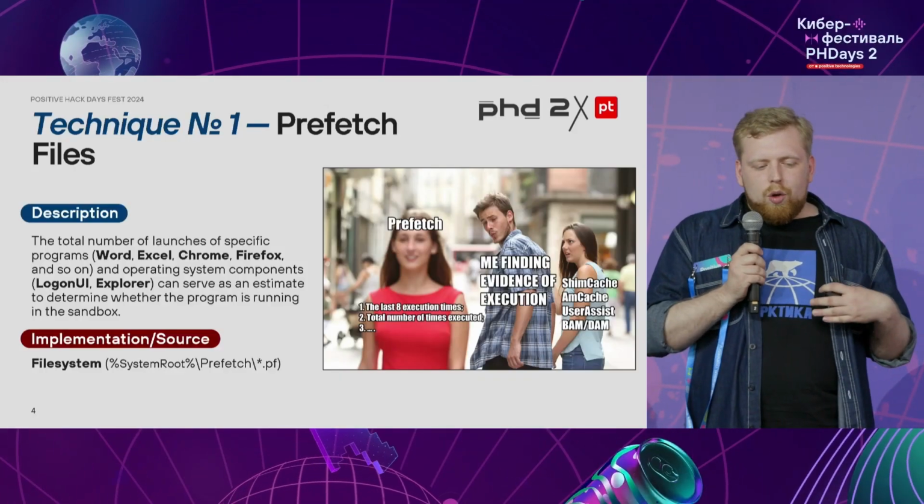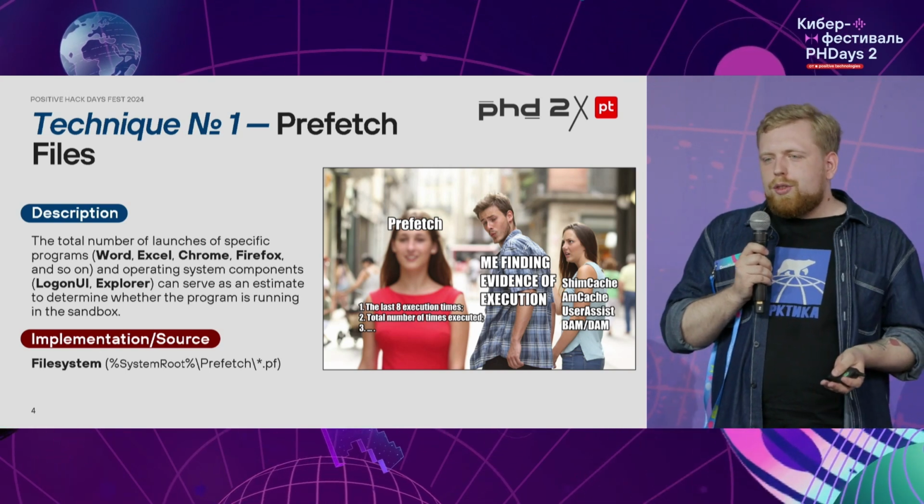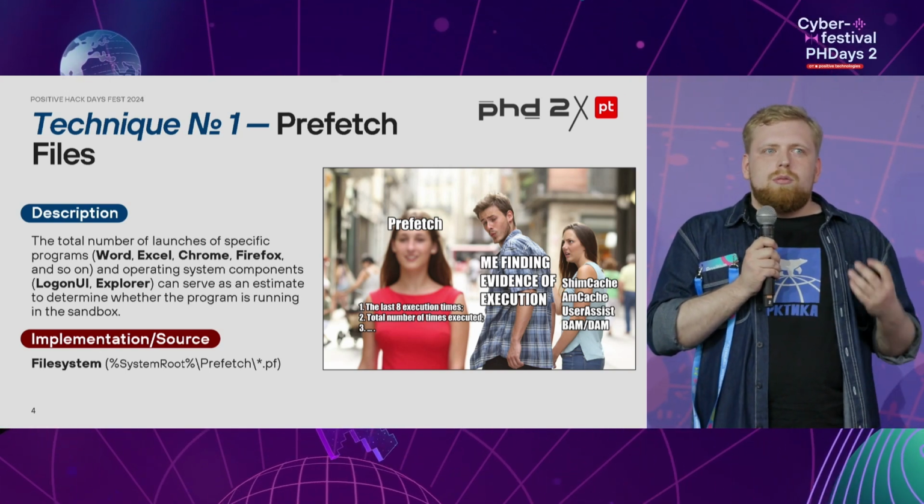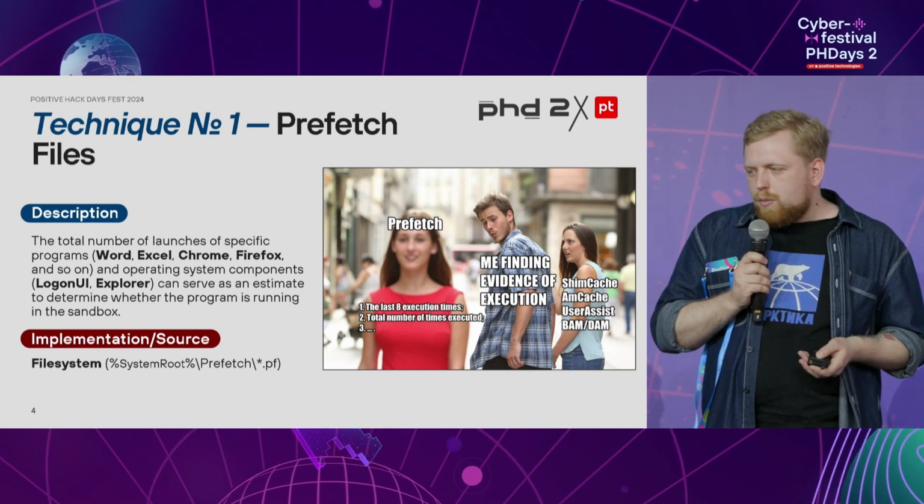There are two main criteria that will help you. The number of launches of a specific program and the time tags. You can use them if the VM of a sandbox and a physical desktop are alike.